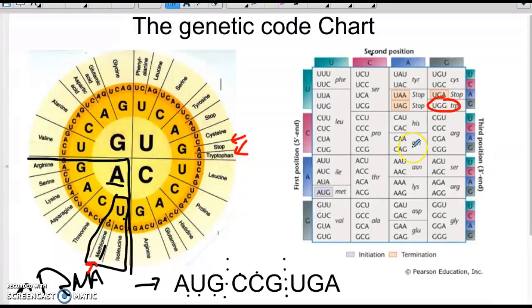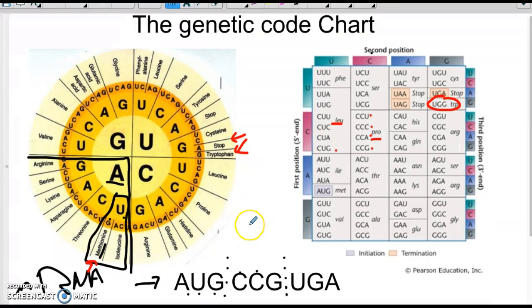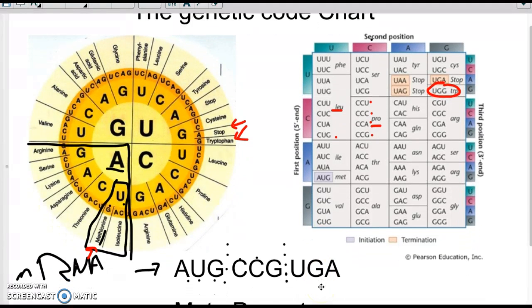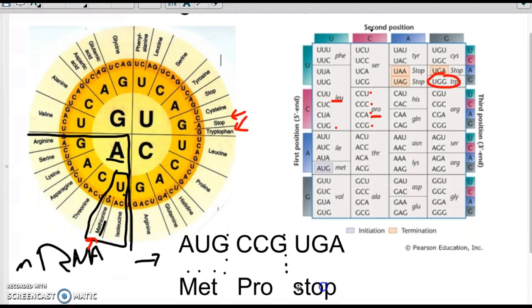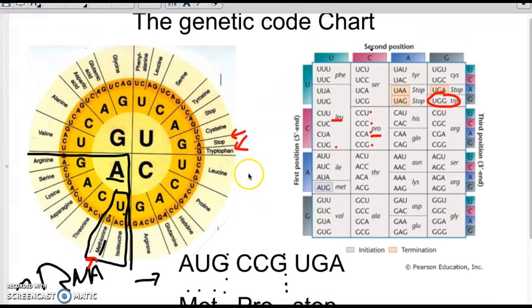Some amino acids will have multiple codons, like leucine. Leucine has 1, 2, 3, 4, 5, 6 different codons to code for just a leucine. Okay? And then if you do UGA practice, what do you think UGA's amino acid is? It's stop.